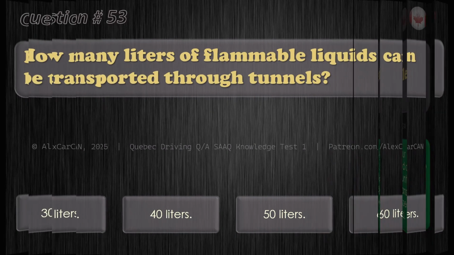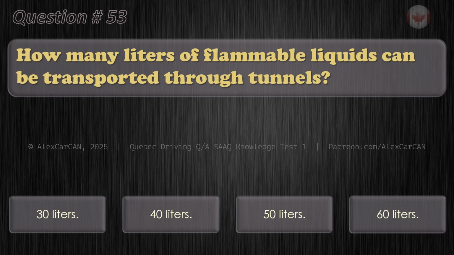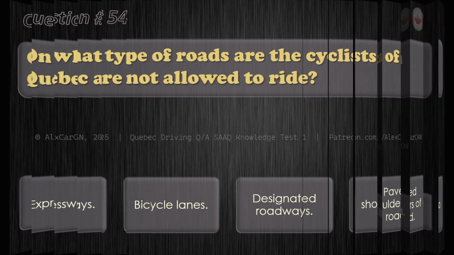Question number 53. How many liters of flammable liquids can be transported through tunnels? 30 liters. 40 liters. 50 liters. 60 liters. The correct answer is 30 liters. Question number 54.